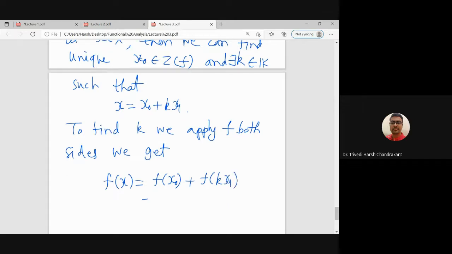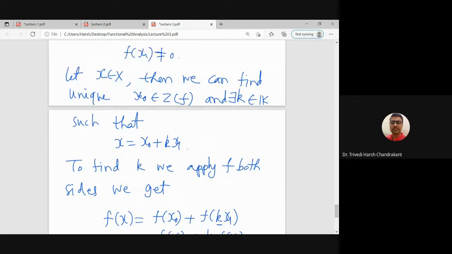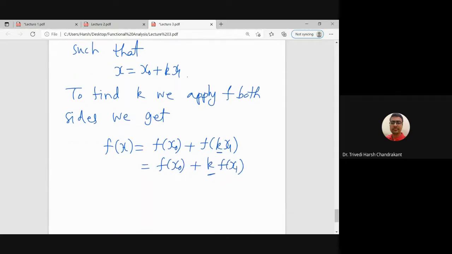But F is linear, so we can write F(x0) plus k times F(x1), since the scalar comes outside. Moreover, x0 is an element of the kernel, so this value will be 0 plus k times F(x1).